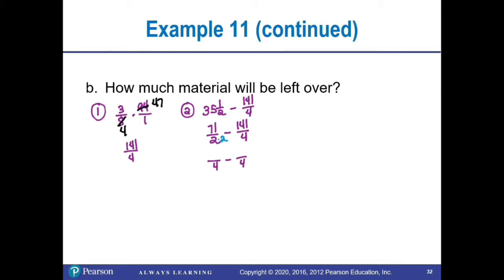If we multiply the denominator by 2, we also have to multiply the numerator by 2. 71 times 2 is 142. The second fraction already has the denominator 4, so bring down the numerator of 141. And when I subtract, I get 1/4. So 1/4 yards of material would be left.